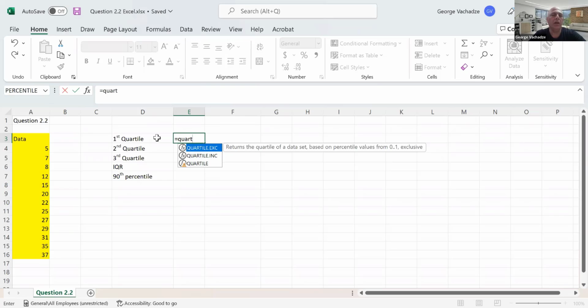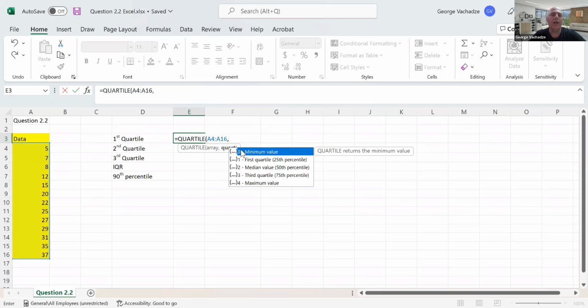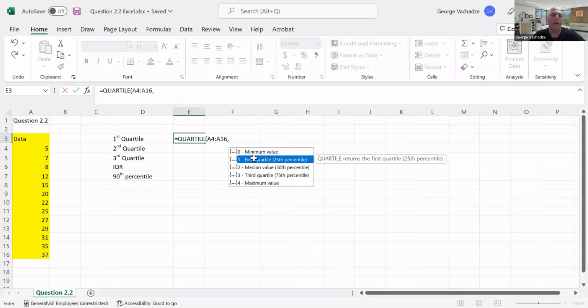Click QUARTILE, select the data, and next it asks which quartile you are looking for. There are the following options. 0 quartile means the lowest value, which would be 5. The fourth quartile would be 37, the highest value, and we are looking for the first one. So I select number 1, close the parenthesis, and hit enter.